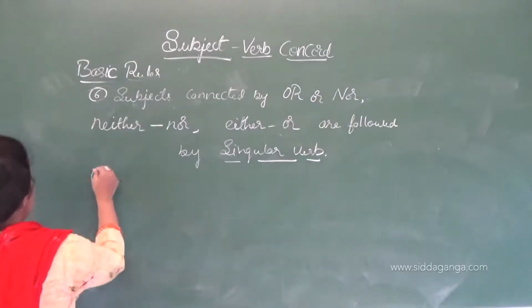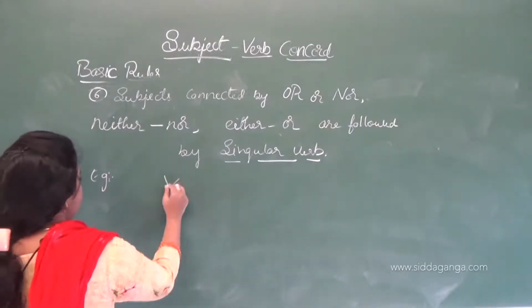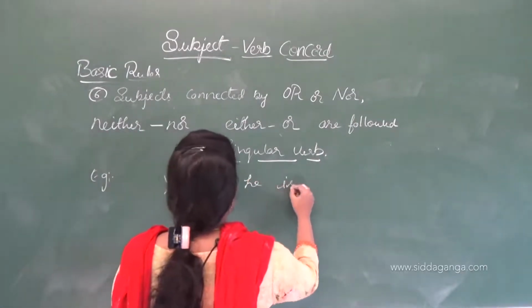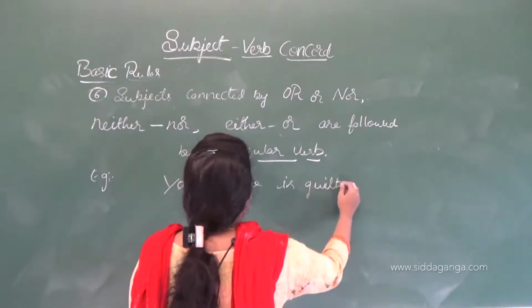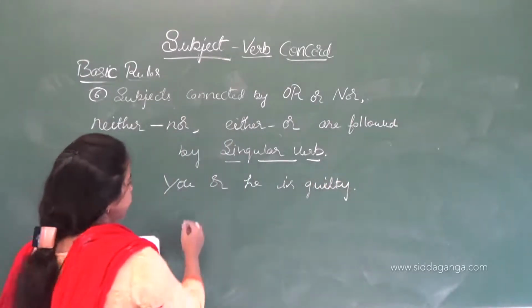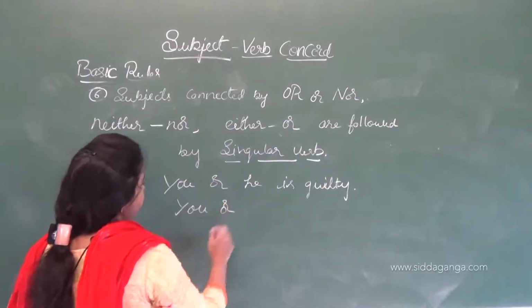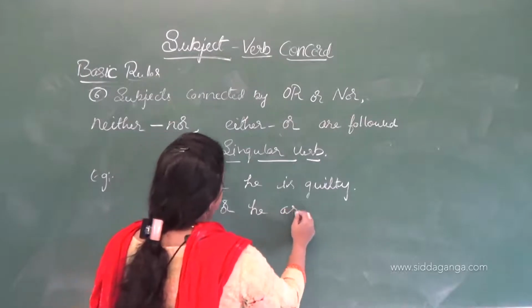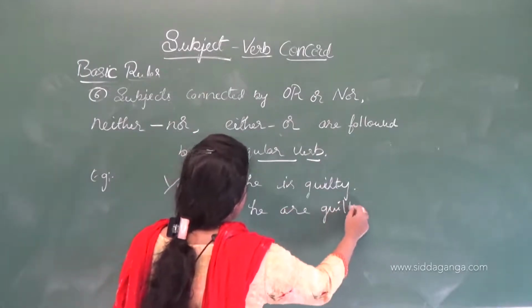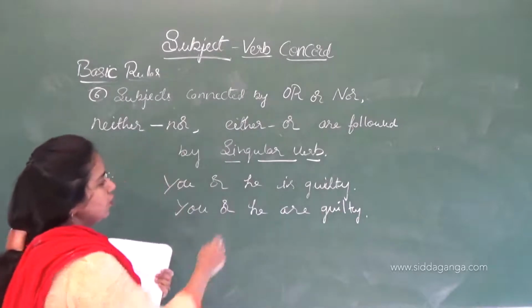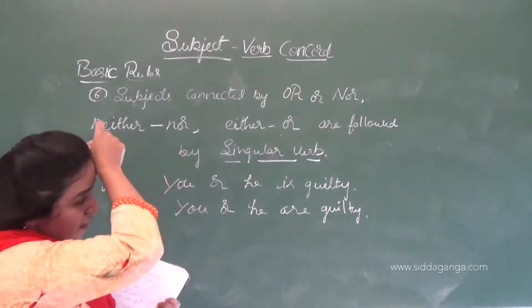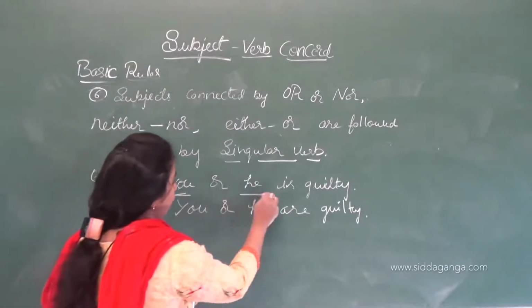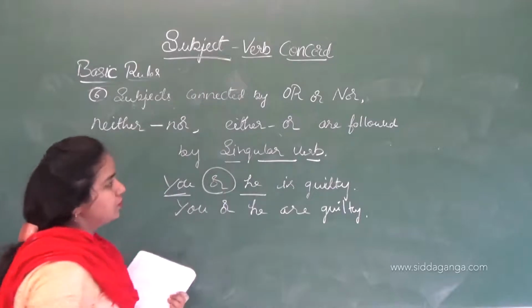Example: you or he is guilty. Okay, you or he is guilty. Let's see if we use the plural, what the sentence is: you and he are guilty. According to the rule, when it says you or he, here or has been used.